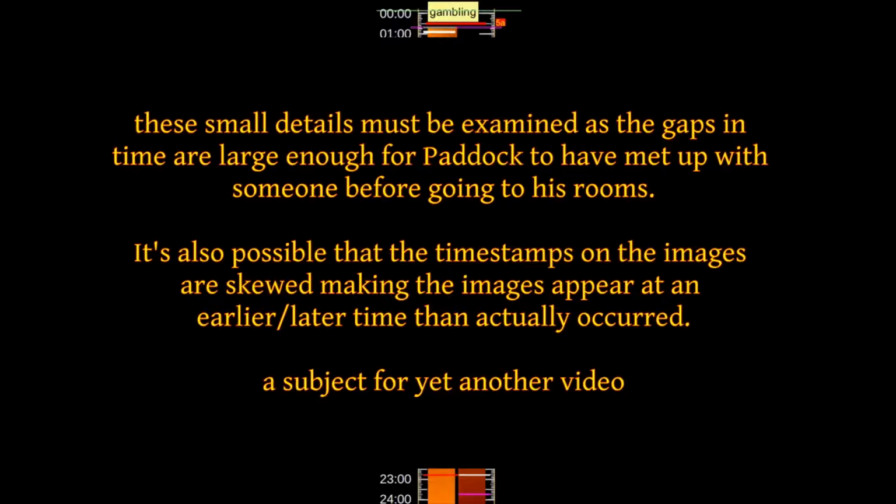So that would shift the Rangoon time down by about 4 minutes in the time chart, making the gap between the Rangoon video and the arrival and the potential elevator trip and the arrival at room 134 closer together, and thereby reducing the probability that Paddock met up with somebody.